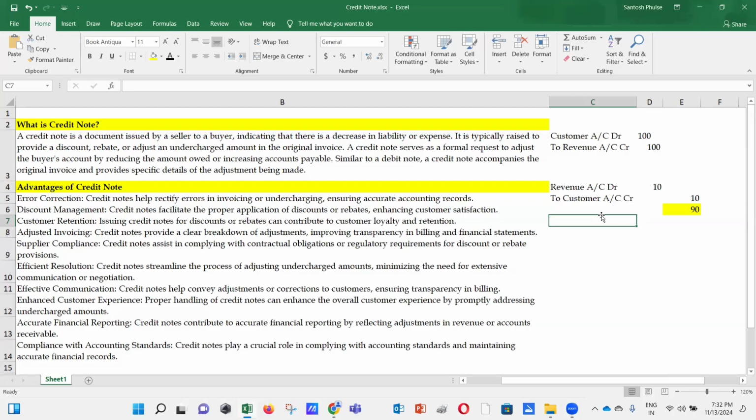If we are giving a discount, then the discount account is debited and the credit goes to the customer. And that credit note, we have to adjust against the respective outstanding invoices from that customer.